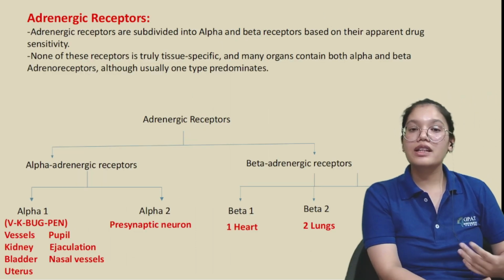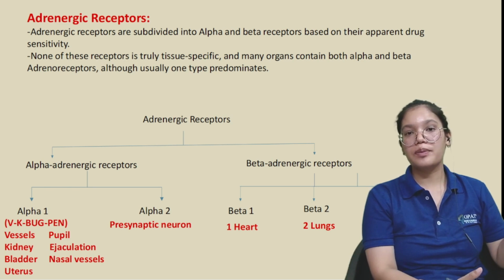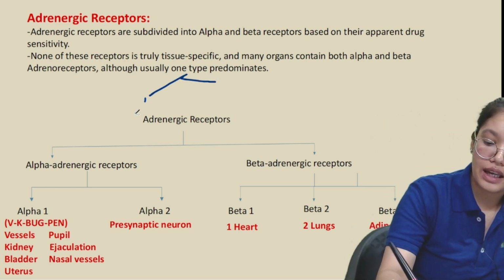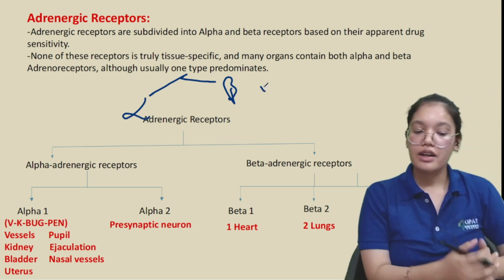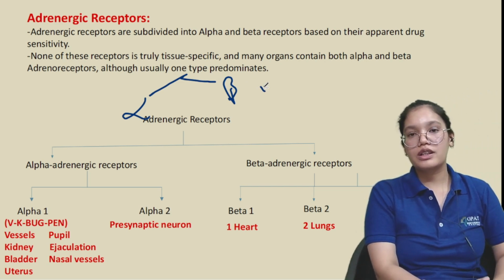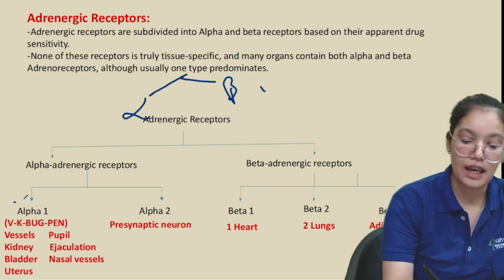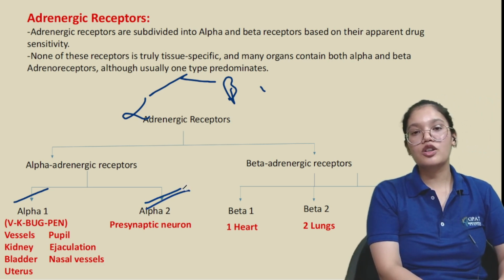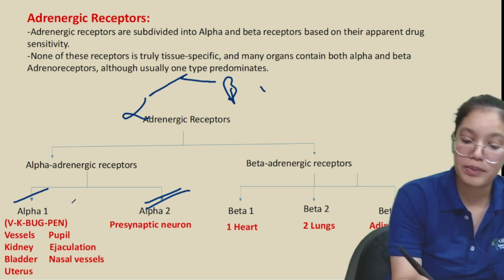Next we have the adrenergic receptors. Basically there are two types of adrenergic receptors, the alpha receptor and the beta receptor. Now the alpha receptor is further divided into two types, the alpha 1 and the alpha 2. For the alpha 1 receptor, we can remember its location by a trick.